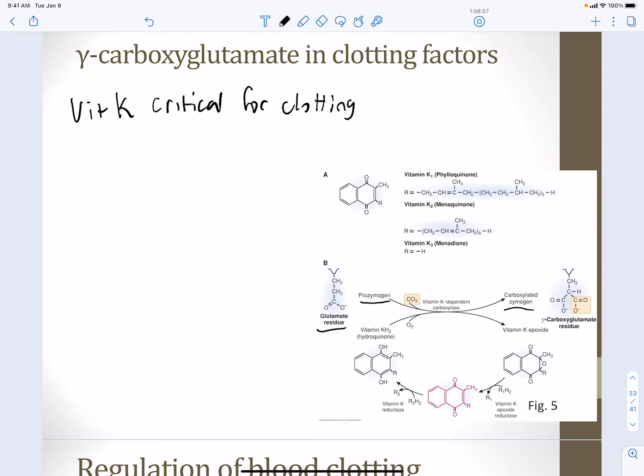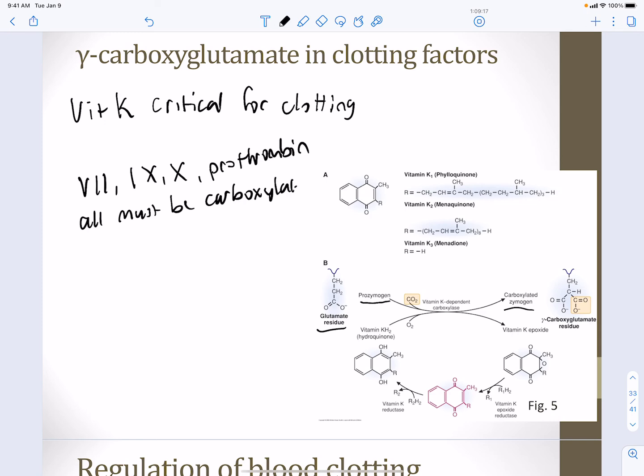Factors 7, 9, 10, and prothrombin all have to be carboxylated. This is in the liver, and it requires vitamin K as a cofactor, so it's vitamin K dependent. If this does not happen, then these factors cannot function, and you will not form clots. So this is very important.